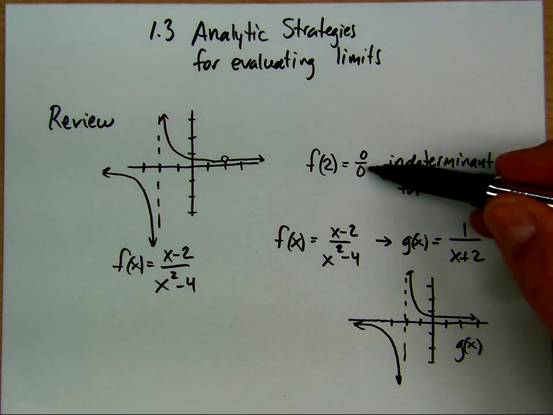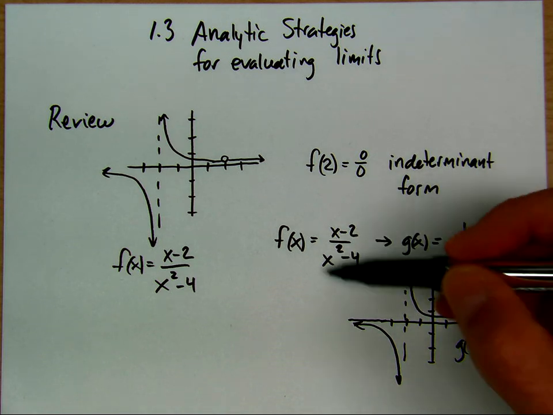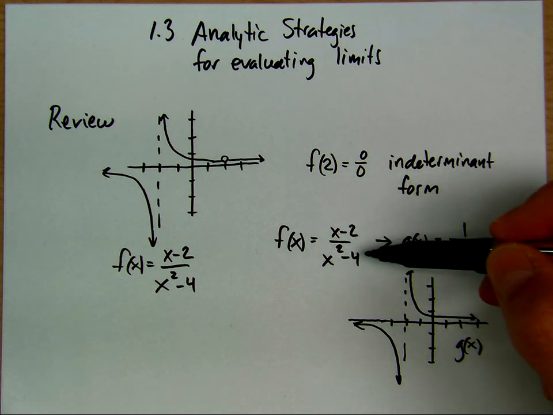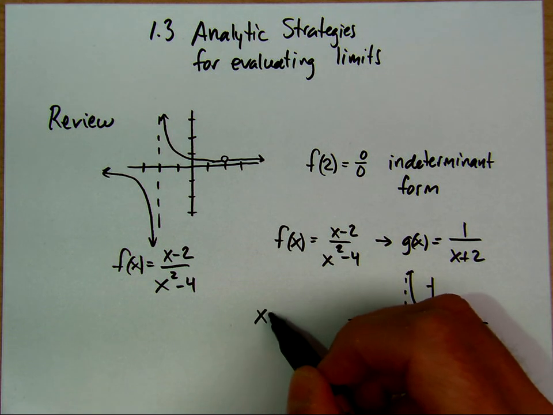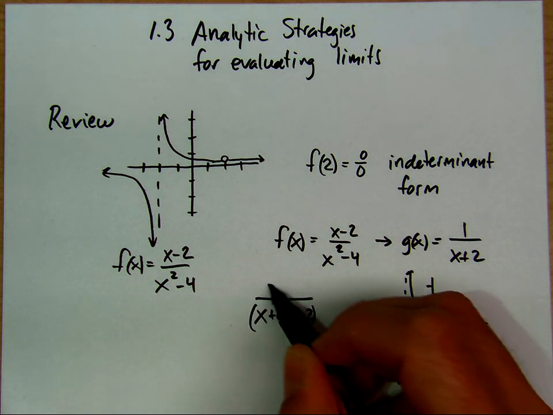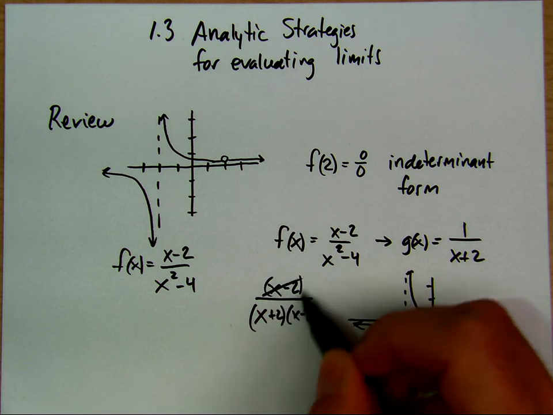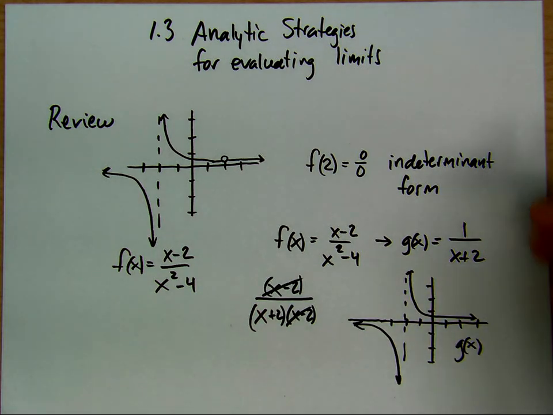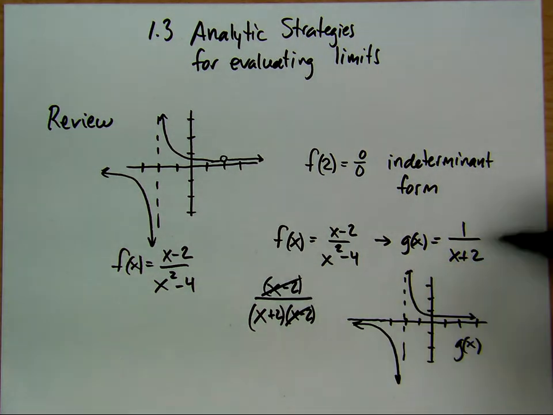So what we can do is, when this happens, we will be able to cancel something. So if we factored the denominator is x plus 2, x minus 2, and the numerator is x minus 2. And so we can cancel x minus 2, leaving 1 over x plus 2.